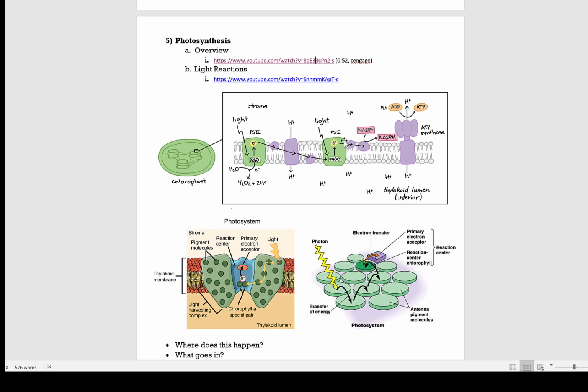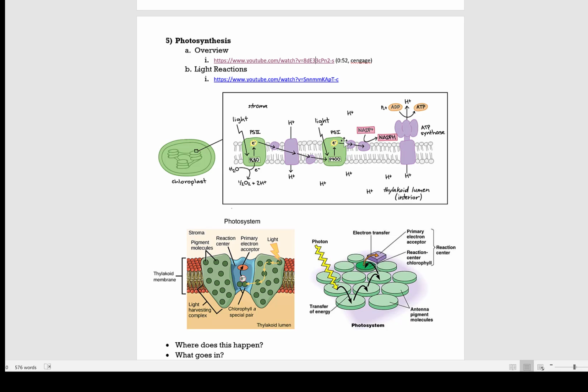Water will replace the electrons that P680 releases into the electron transport chain. And when that happens, the byproduct is oxygen gas and some more protons. So when water splits, when water is donating electrons to P680, it is also producing protons. So we really have 2 supplies of protons in the thylakoid lumen.